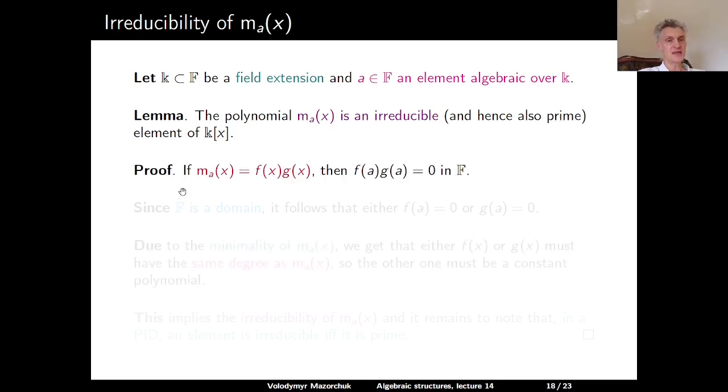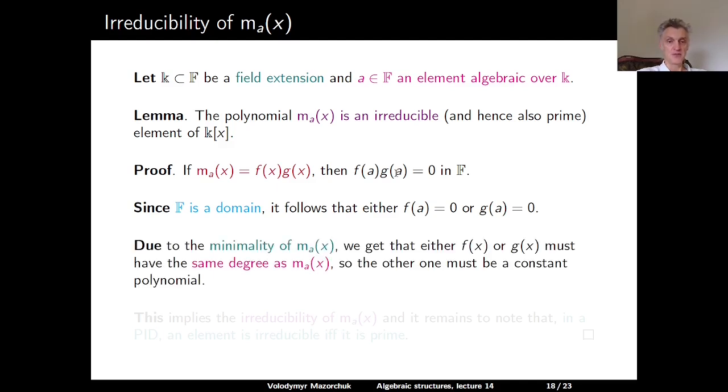Proof. Let's write our minimal polynomial m_A as f of x times g of x for some polynomials f and g. Then f of A times g of A is 0 in F. But F is a field, so it's a domain. It follows that f of A is 0 or g of A is 0. But due to the minimality of our m_A, we get that either f or g must have the same degree as m_A.